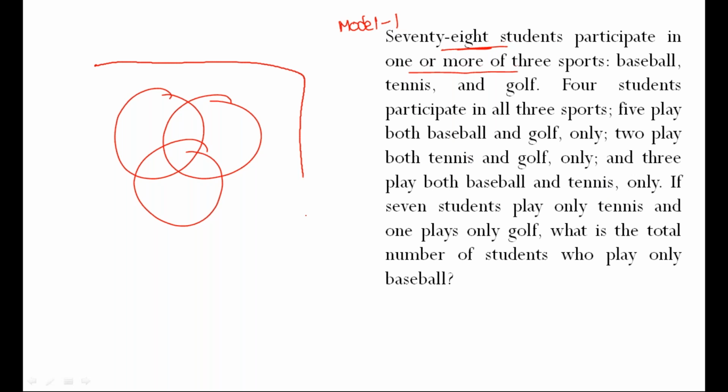But see the first line clearly. Each one participates in one or more, so there are zero students outside this. Definitely they should participate in one or more of the sports. The sports, as per the question, are baseball, tennis, and golf.